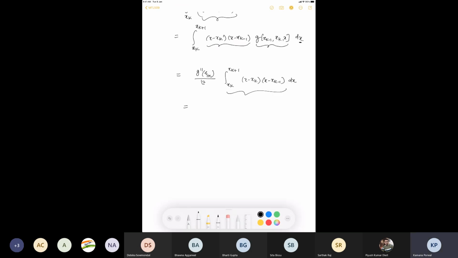Upon simplification, you will get this as 5 by 12 h cube g double prime of xi k, where xi k lies between xk-1 and xk+1.